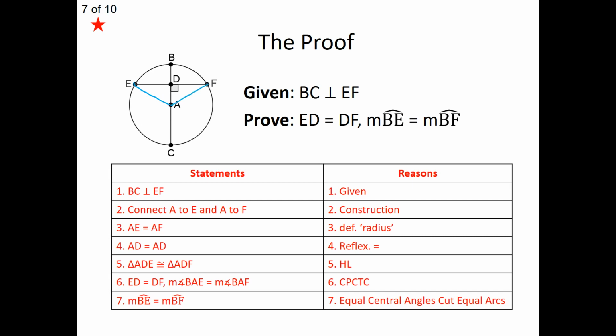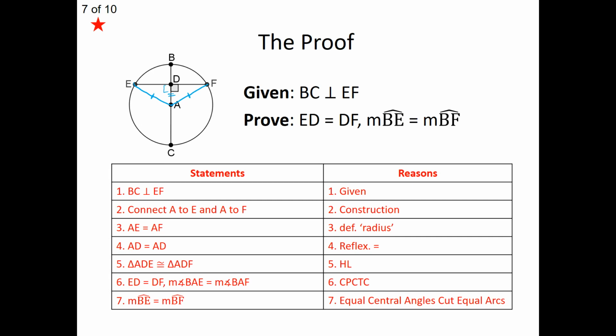What I formed there is a pair of radii, and because they are radii of the same circle, they must be equal in length. So I know that AE is equal to AF. What I'm working toward is proving that I have a pair of congruent triangles in this diagram. These two triangles share a side AD, a common side, and because BC is perpendicular to EF, we know those must be right triangles.